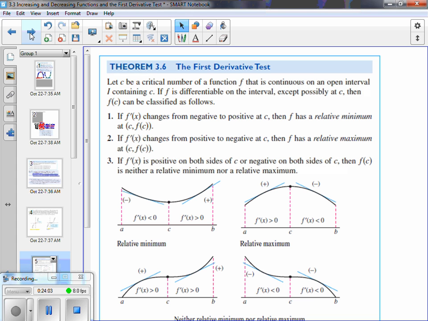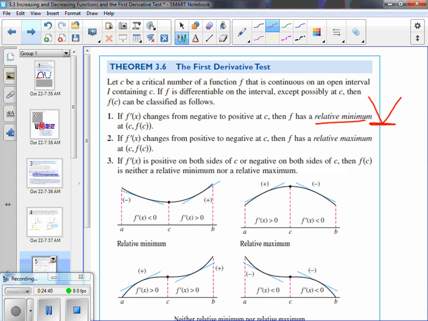Well, if f prime of x changes from negative at c to positive, all right, think here. f prime of x changes from negative, that's the function going down, to f prime of x being positive, that's the function going up. There has to be a relative minimum right there, doesn't there? Because either the derivative is going to equal 0 for the derivative to change from negative to positive, or the derivative is going to not exist for it to change.